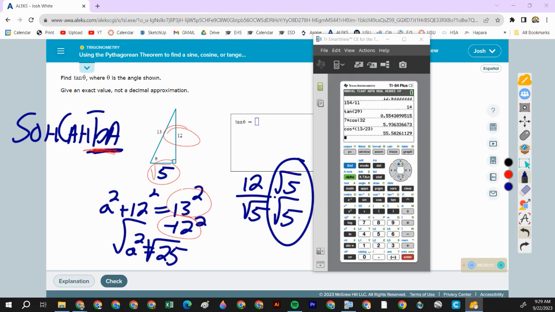Yes, we're going to change its clothes, but it's the same person. So 12 root 5 over 5. Can I cancel these 5s? No. Inside cannot cancel outside. Outside can cancel outside, and inside can cancel inside. But inside cannot cancel outside. Okay. Do you need to see another one of those?